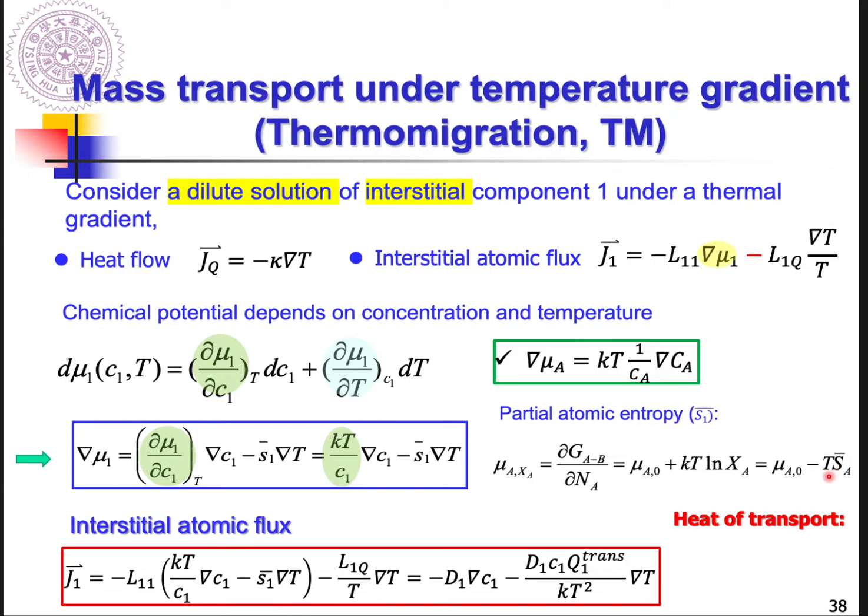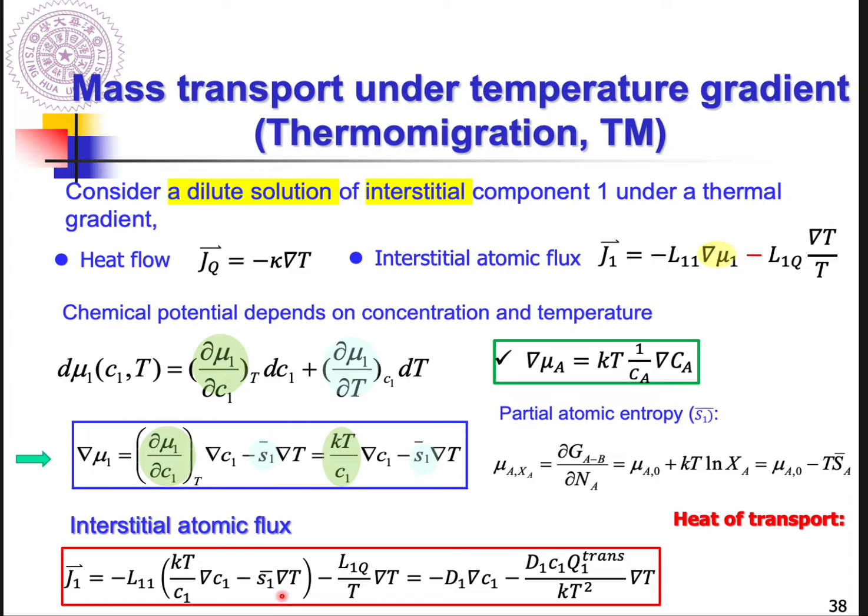So you take the partial derivative of this with respect to T, and you get minus S1 bar, which is the partial atomic entropy of these interstitial atoms, right? So you use this term to substitute this chemical potential gradient, then you will get these results. And you successfully divided this chemical potential term into the concentration gradient and also the temperature gradient.